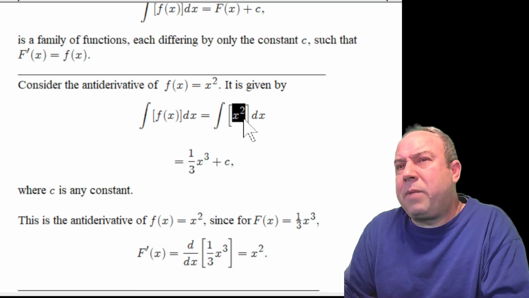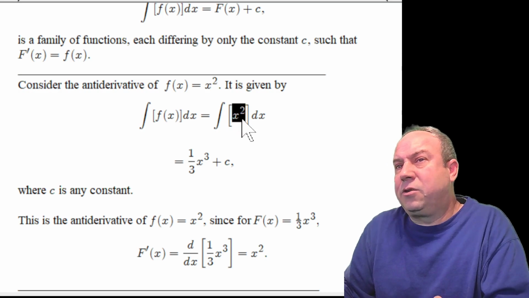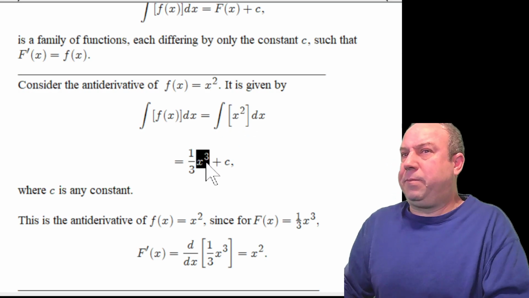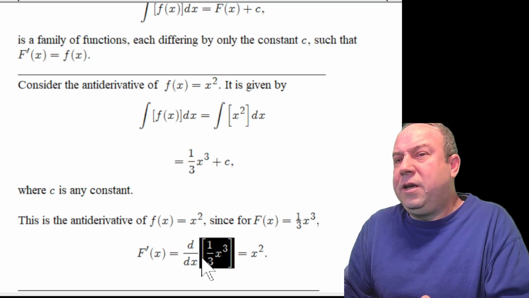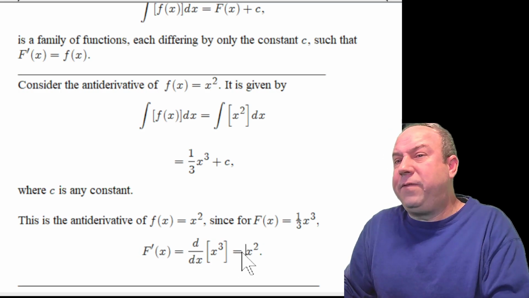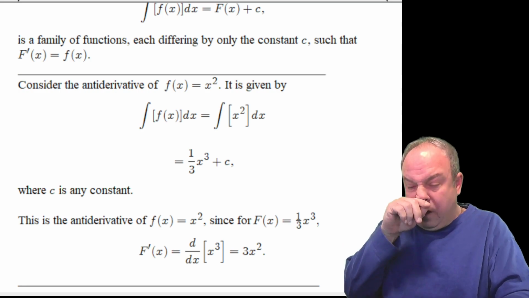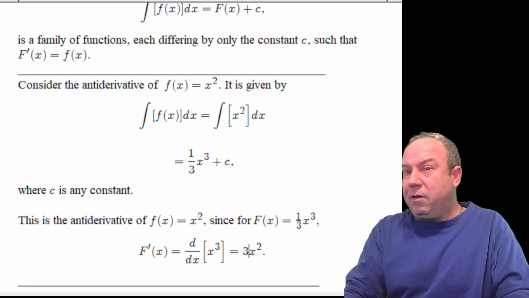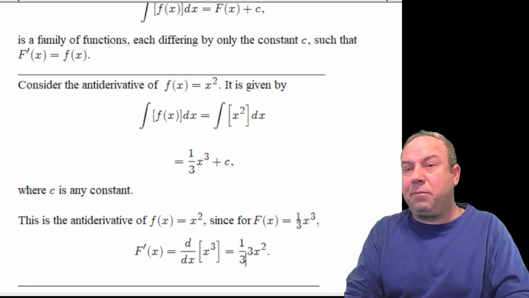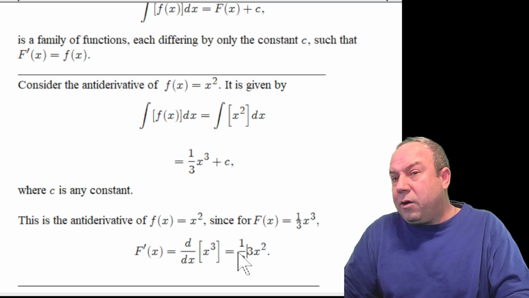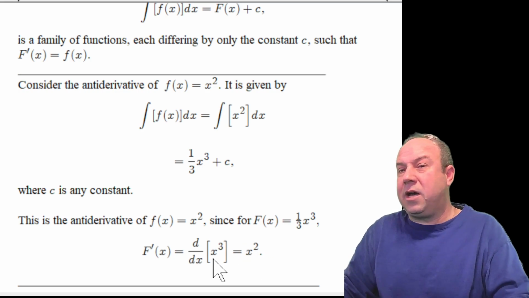We think about what is going to cause a function to have a derivative of x squared. Well, that's going to be a cube function. But I can't just take the derivative of the cube function, because that would leave me with 3x squared. So in order to reduce that 3 by 1, I end up multiplying by a third, and that 1/3 will cancel with the 3, leaving behind 1 times x squared.